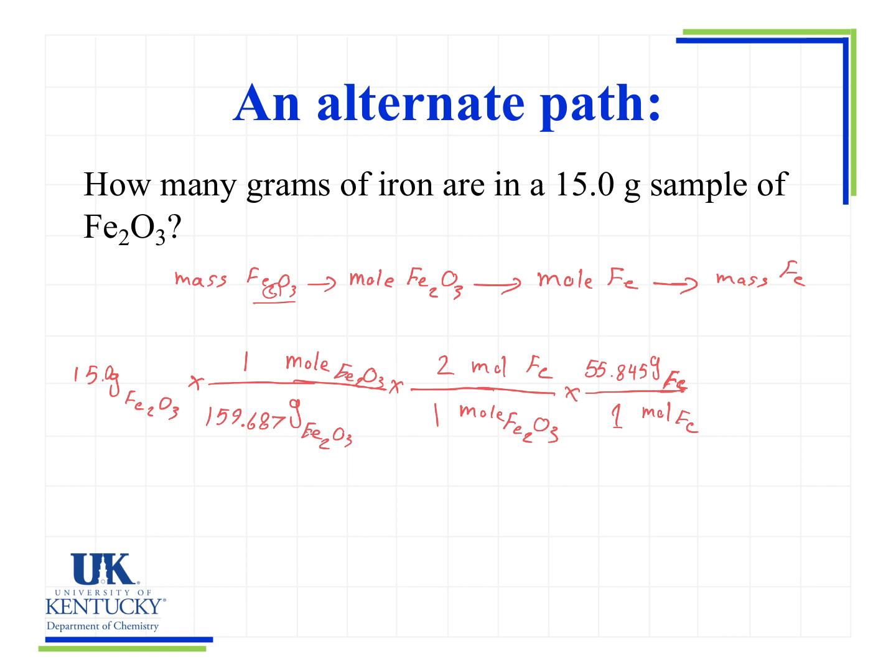So if I get rid of gram of Fe2O3 with mole of Fe2O3, and mole of Fe with mole of Fe, I end up with gram of Fe, and that's what we want, the grams of iron. Okay, and if you put these numbers in your calculator, you get the same result. So it's 10.49 gram of Fe. So that's another way.